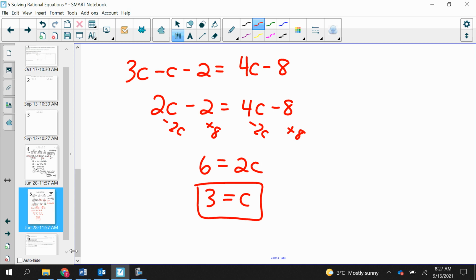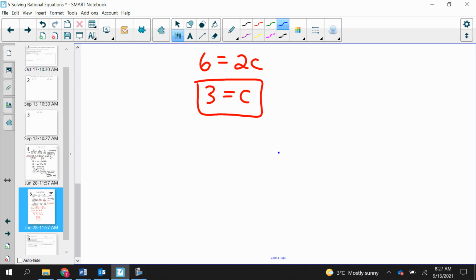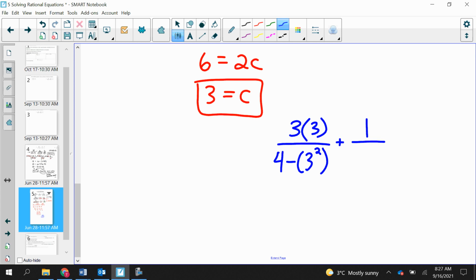So substituting in a value of 3 to the original equation anywhere you see a c. So 3 times c, again c is a 3, over 4 minus c squared, plus 1 over c minus 2, negative 4 over c plus 2.